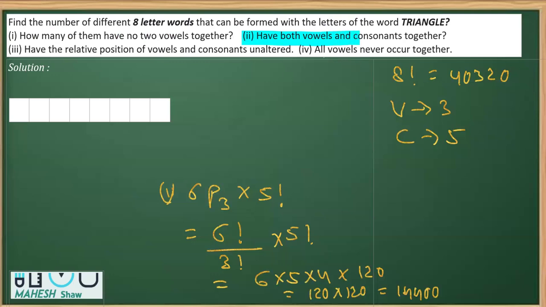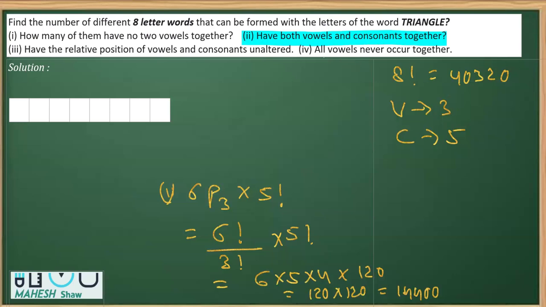Now, in the next case, how many of them have all vowels together? There are 3 vowels and 5 consonants. They are together means all vowels should be together.